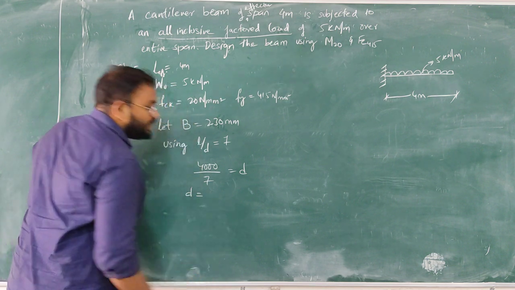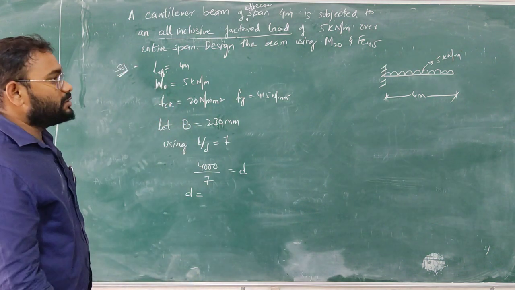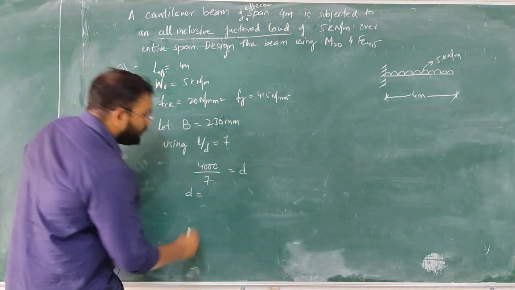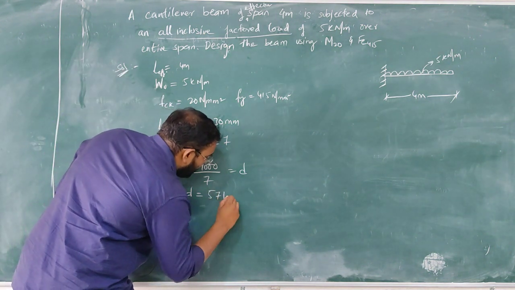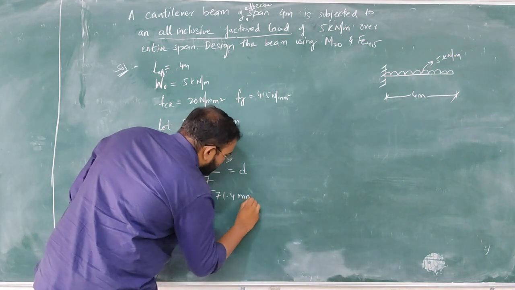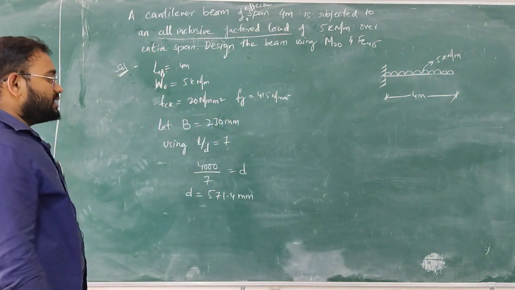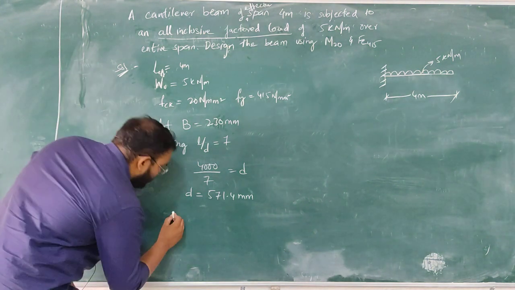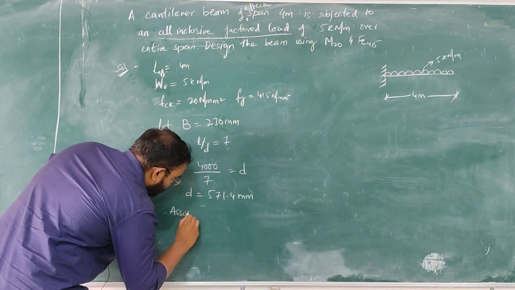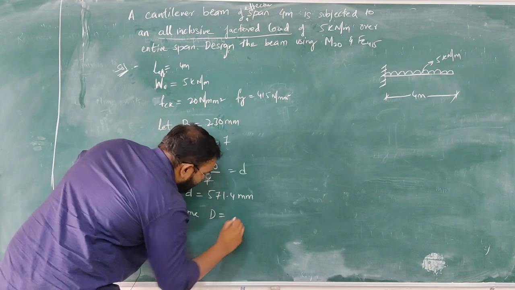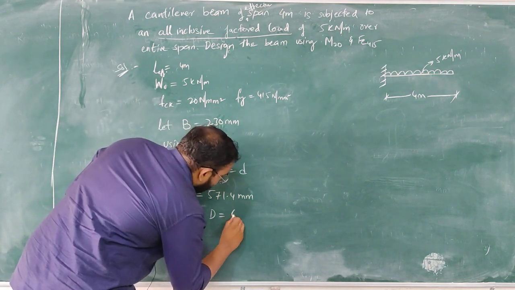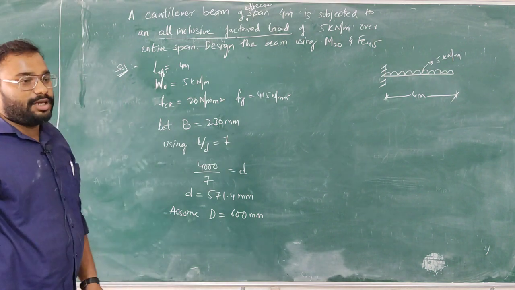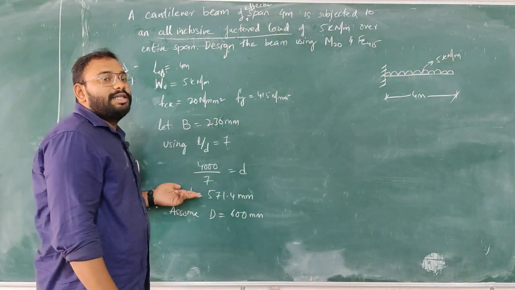From this you will get small d as 4000 by 7, 571.4 mm. Now we'll assume capital D to be 600 mm. You cannot assume less than this value, don't say 500. Your value should be more than this.